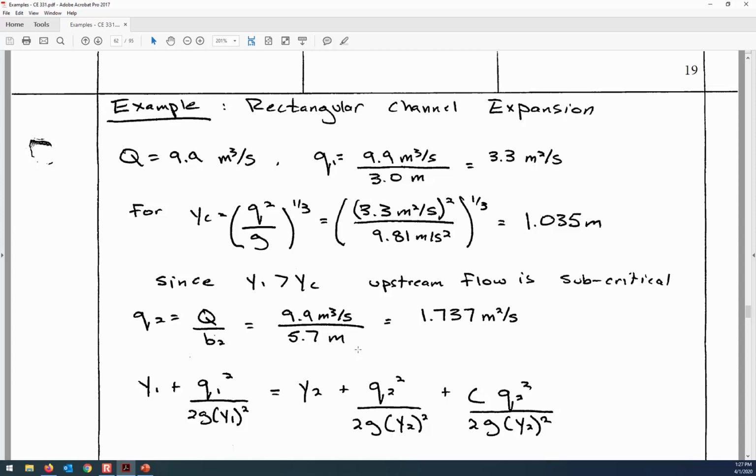So this is the specific energy equation that says that the depth plus the velocity head at 1 is equal to the depth, velocity head, and losses at 2. So in other words, the specific energy at 2 is going to be less than the specific energy at 1 in the amount of the losses that occur.